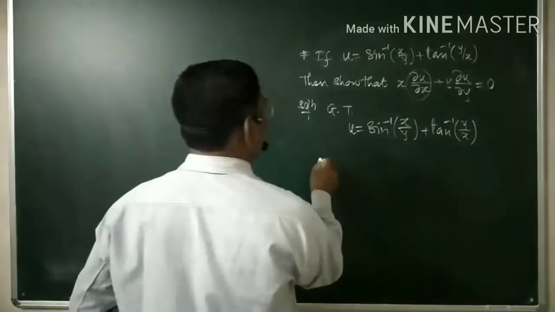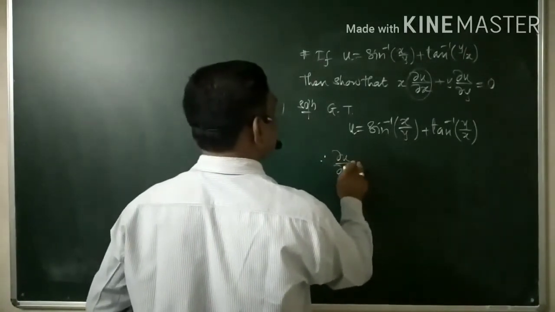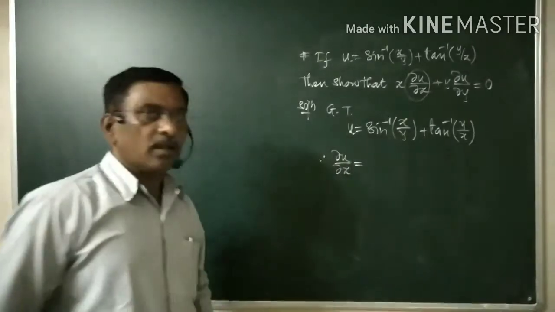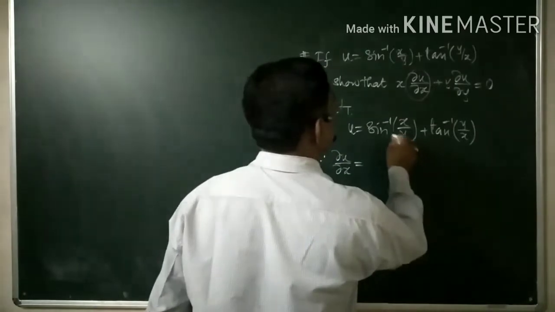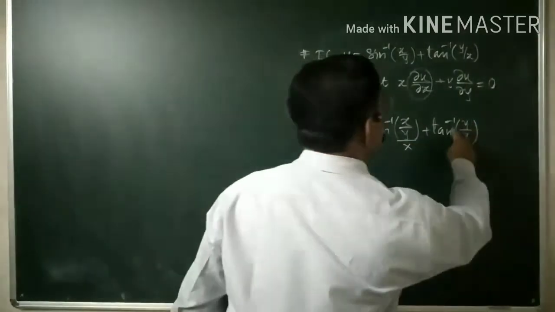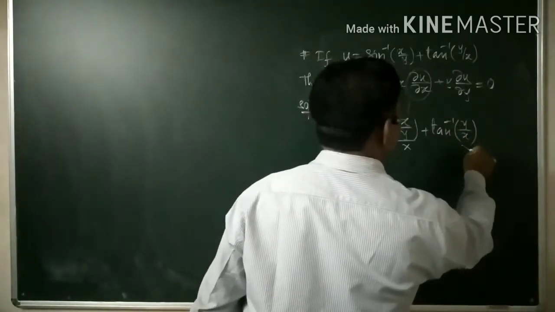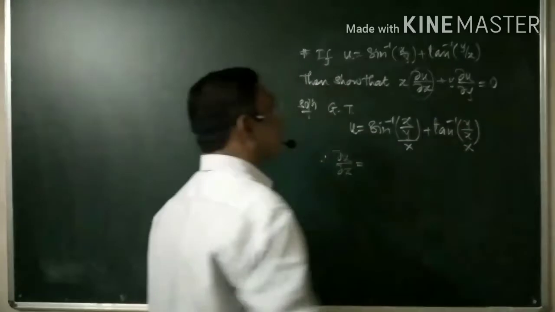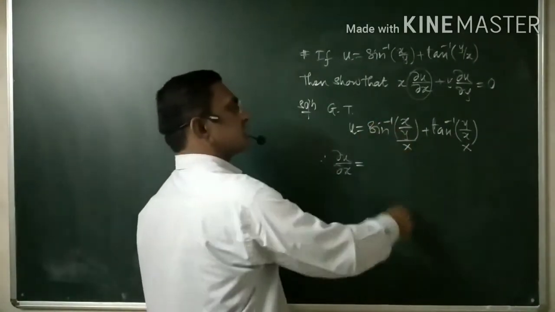Therefore, delta u by delta x is equal to, now if I consider x upon y as capital X, and in tan inverse, y upon x also as capital X, then we have sine inverse of X and tan inverse of X.